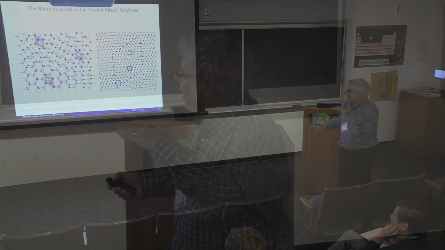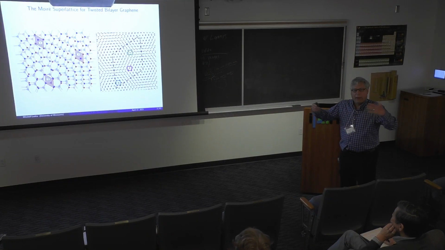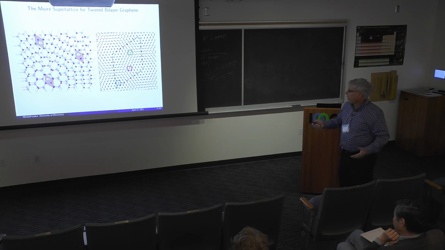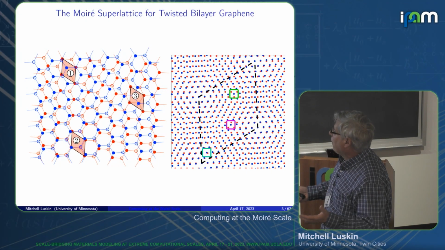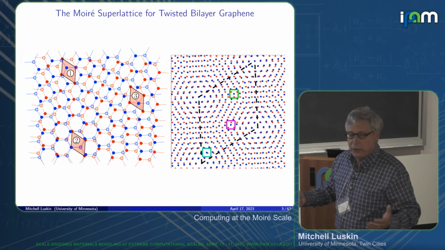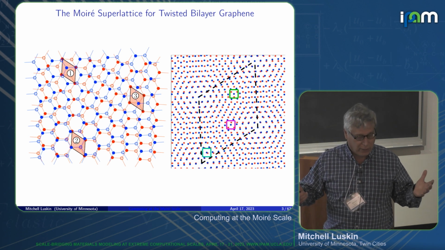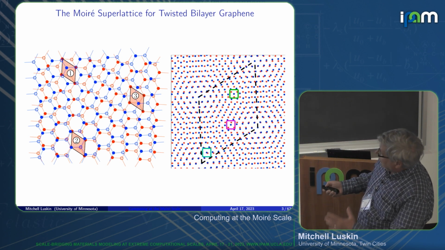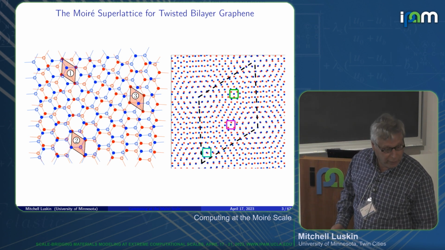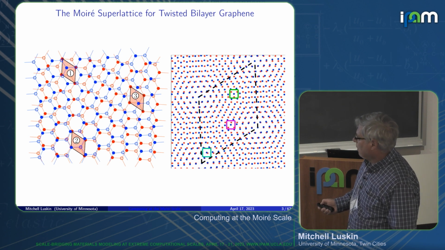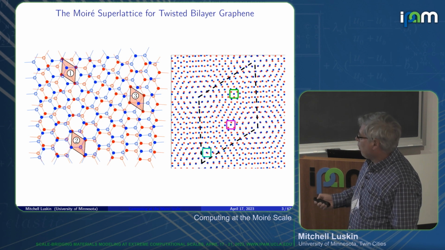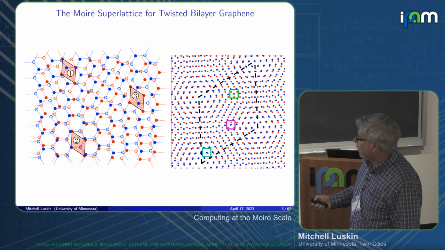If you put it at a slight angle, you get what's called a Moire pattern. That means you have a larger length scale periodicity. It's just the Moire scale. And so you see here, red and blue are just hexagonal lattices, one twisted on another at a slight angle. And as you see, there's really another pattern here, and this is called the Moire cell, you might say, the Moire unit cell.